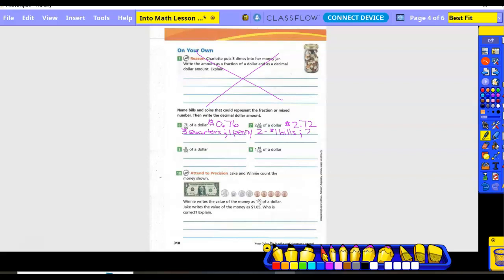Okay, so 2 quarters. And 2 quarters gives me what? 50 cents. So if I take 72 minus 50, what's left over? 22, right? Okay, so how many dimes? 2 dimes. And 2 dimes equals what? 20 cents, right? So we have 22 cents minus 20 cents, which leaves us with how much? 2. So 2 pennies.